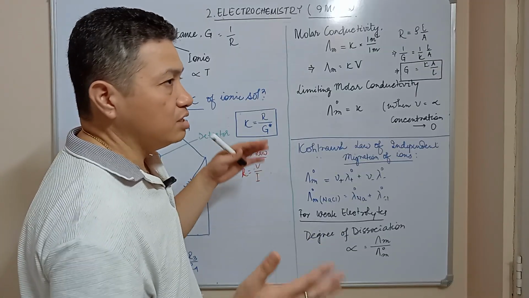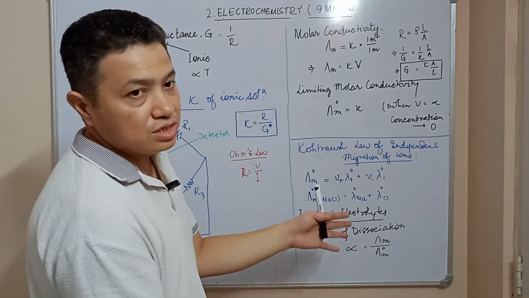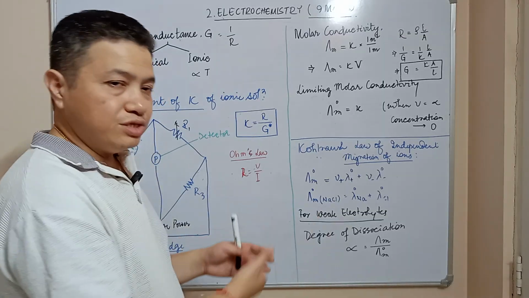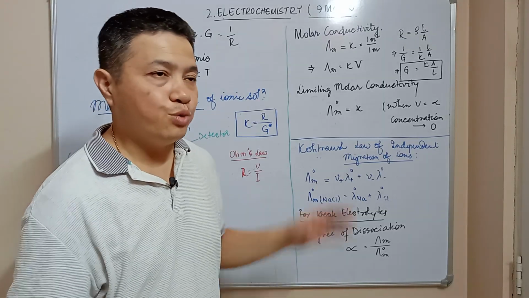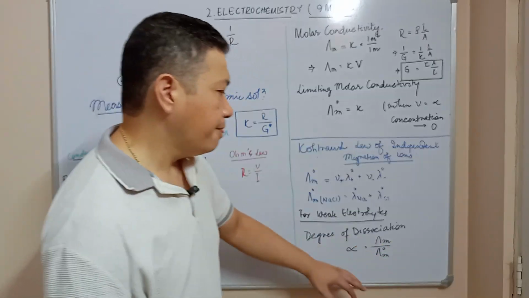Say suppose there are 100 molecules. It's not that all the 100 molecules will get dissociated. Say, for example, 80 molecules get dissociated and 20 remain. So what is the degree of dissociation?